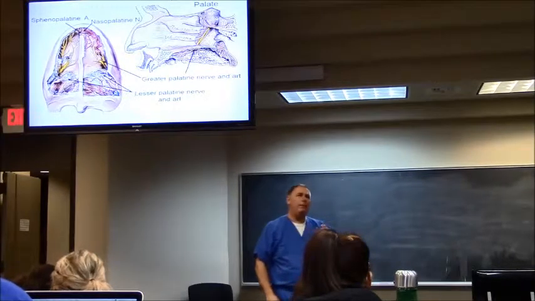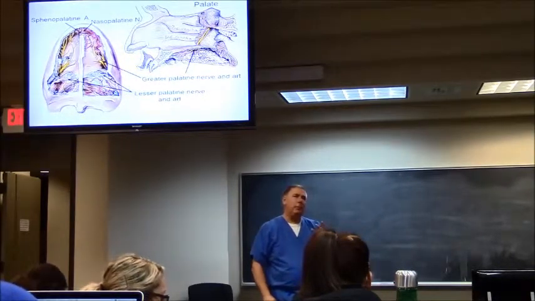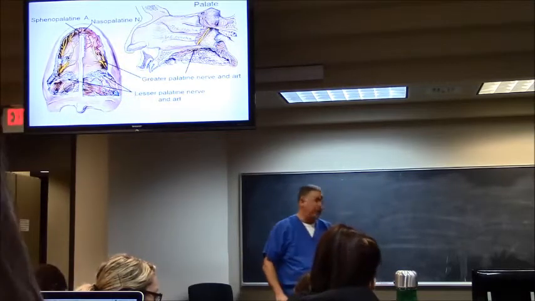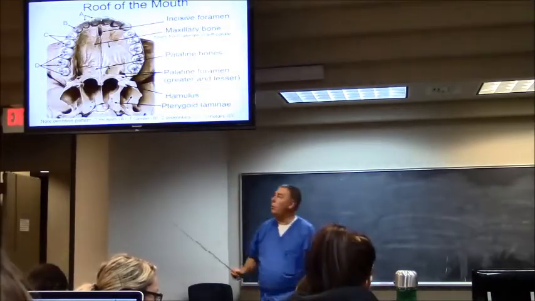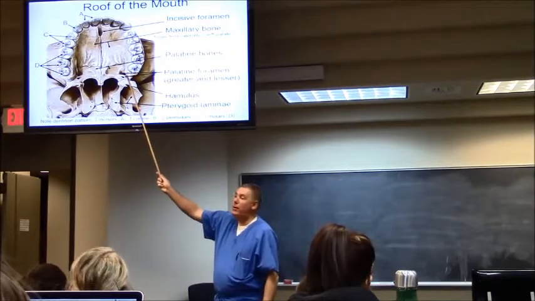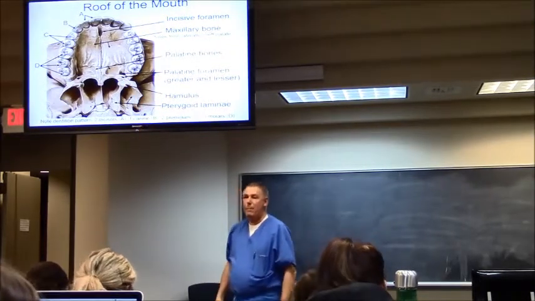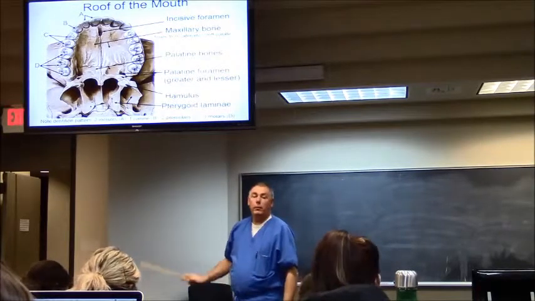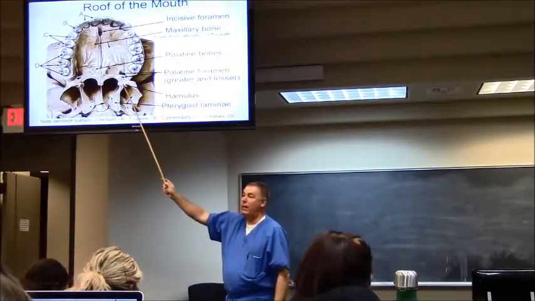Now, the innervation and the blood supply to the hard palate enter the hard palate from these two little holes right here. There's a greater and lesser palatine foramen. You see that greater and lesser palatine foramen?